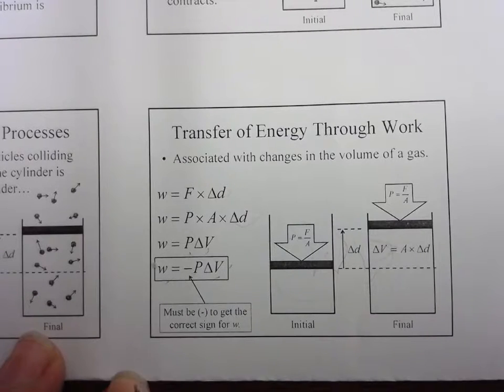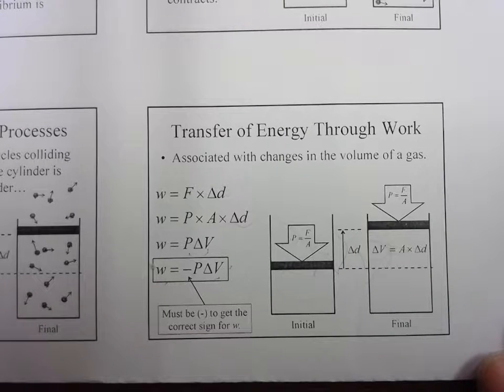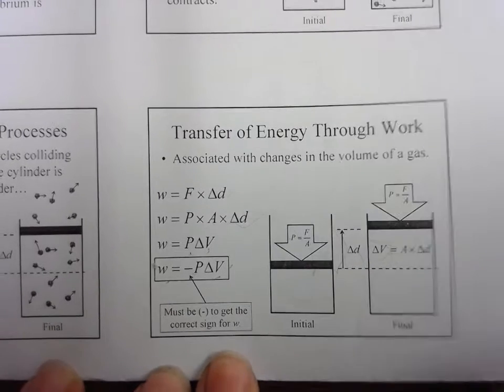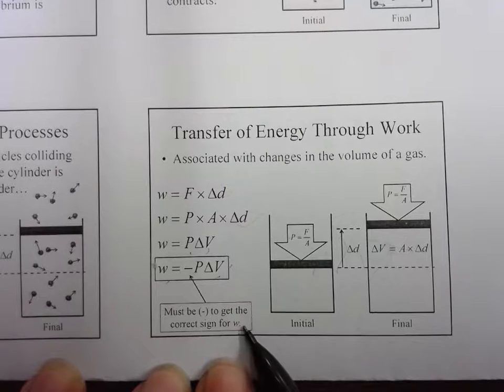Remember, when we talk about work, it's work in relation to the system and the surroundings. So you have to have negative P times the change in volume in order to get the correct sign for work.